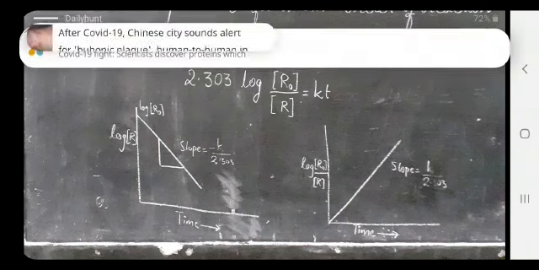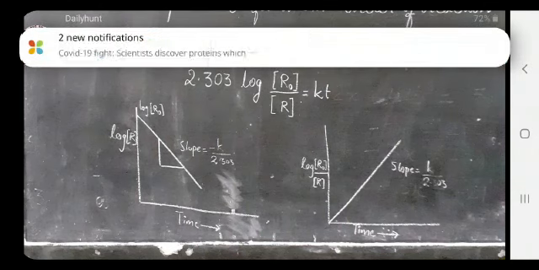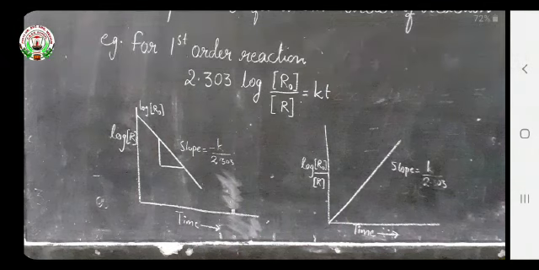Here the initial concentration that we can take is [R]₀, log of [R]₀, that is the initial concentration. By taking the slope of this, we get the exact value of k, that is slope is equal to minus k upon 2.303. And by taking two values on this slope with the help of Pythagoras theorem, we can easily get the value of k.